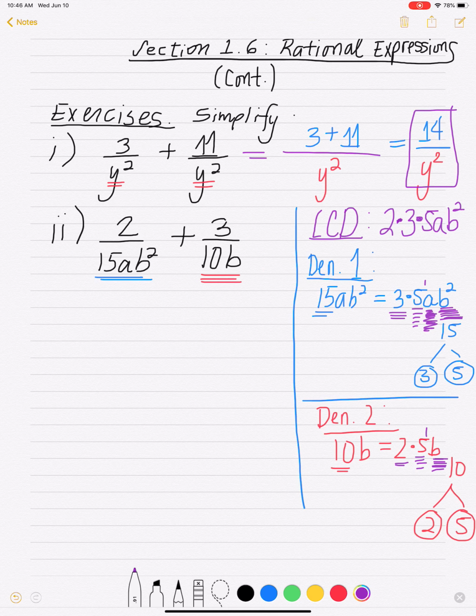So 2 times 3 times 5 times a times b squared is the LCD. 2 times 3 is 6, times 5 is 30, so you're going to have 30ab squared. That is the LCD right there. So we want to turn both of our denominators into 30ab squared. So I'm going to copy down my first fraction.